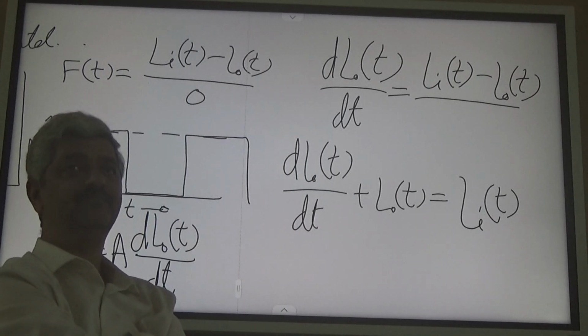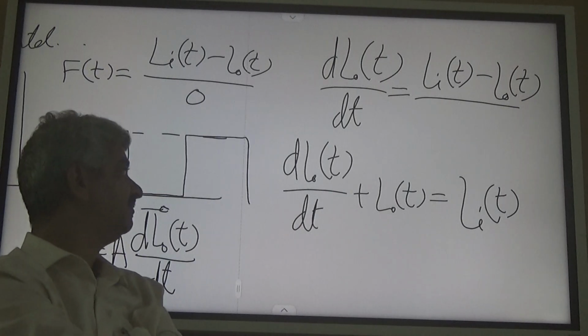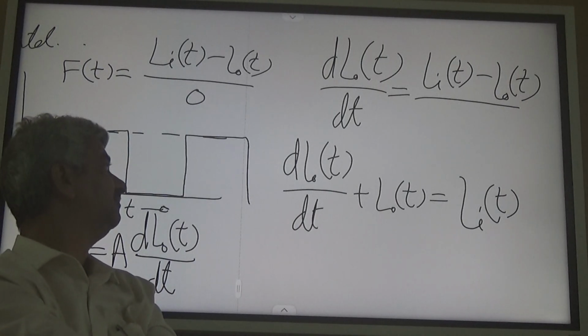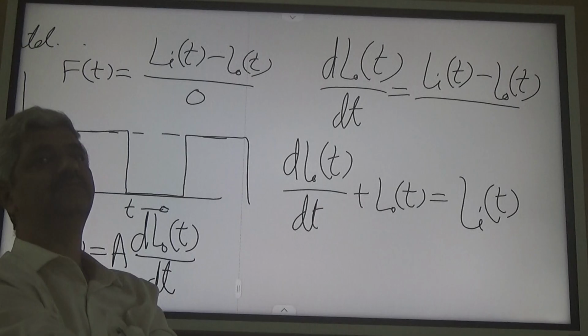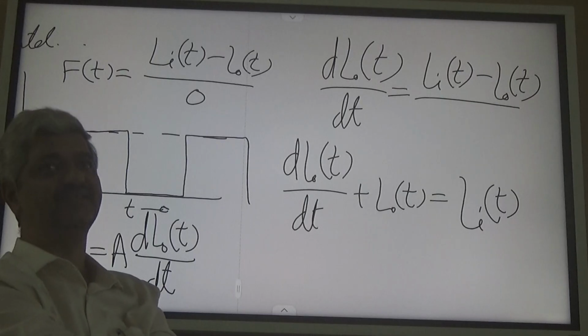Any idea? How can it be solved? How will you be integrating the things?